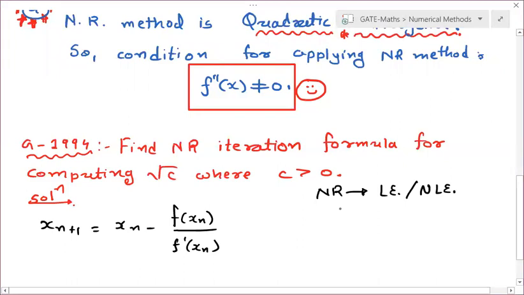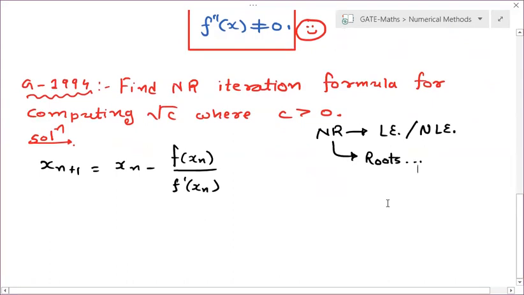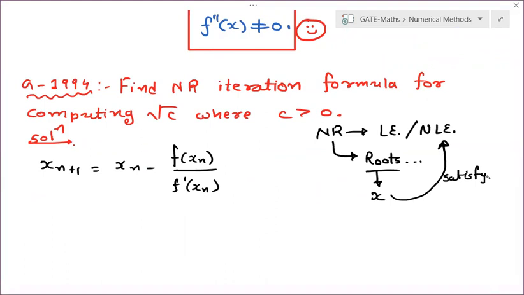So first we need to formulate one equation, and with the help of this method we can find its roots. Roots of the equation are values of x or the variable which satisfy that equation. So here we need to compute root C with the help of the Newton-Raphson method.